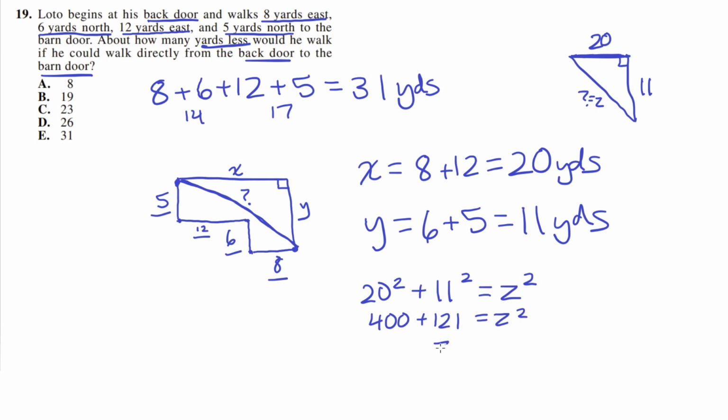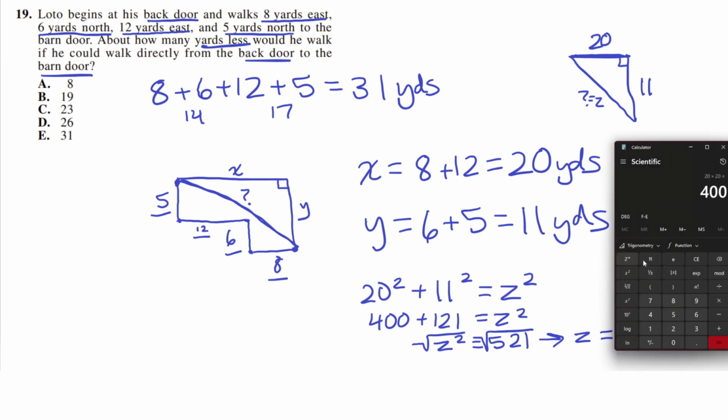So that means z squared equals 521. So then we can take the square root of both sides to isolate the z. So on the left-hand side, we'll just have z equals the square root of 521.